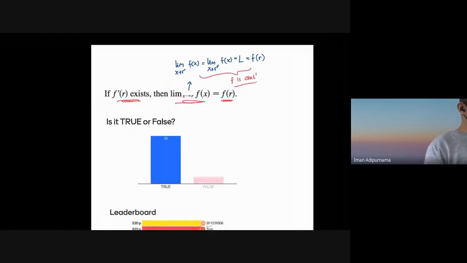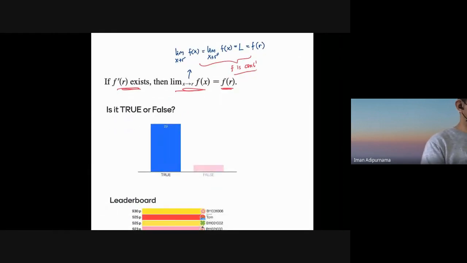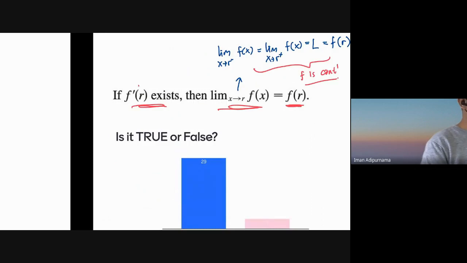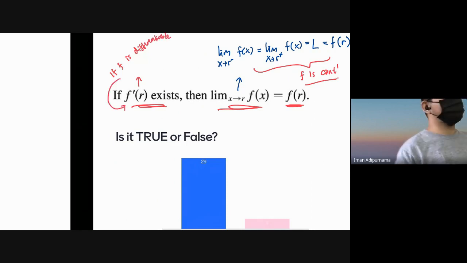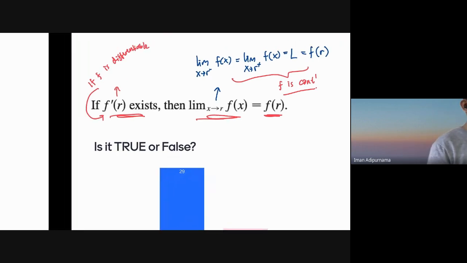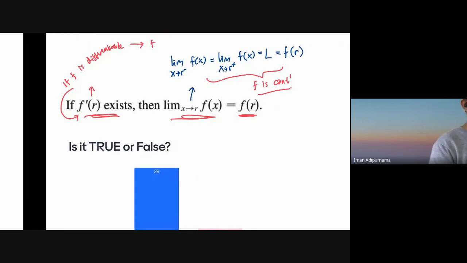From what we have done before, if f is differentiable, meaning we can say that f prime exists, then it must be continuous. So that means this is true.